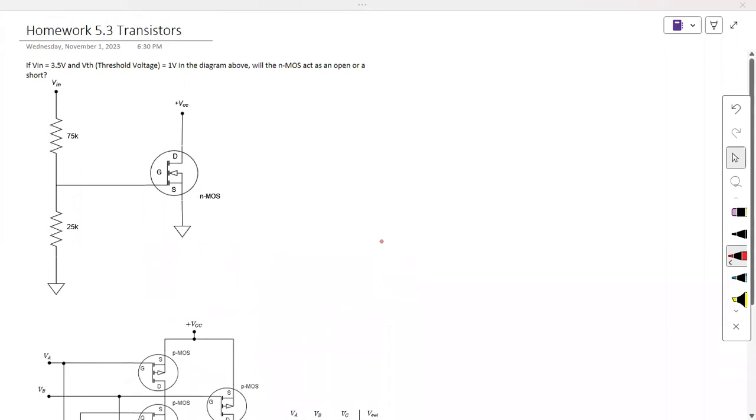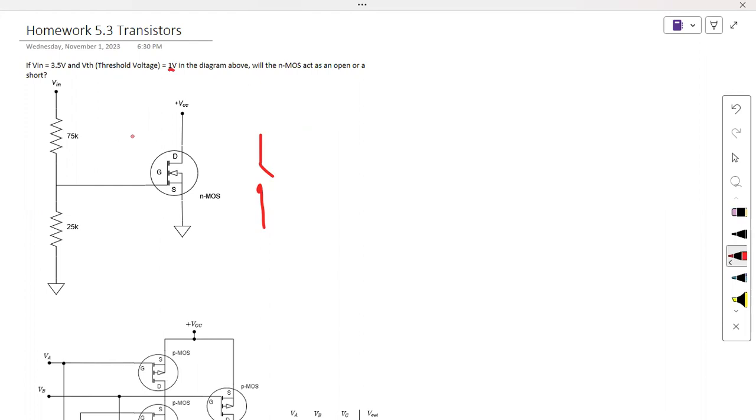The math is pretty straightforward, but once you understand some of the concepts, it'll be a lot easier, I think. So for this first one, the thing you need to remember is that an NMOS is going to be an open switch unless this threshold voltage is met.